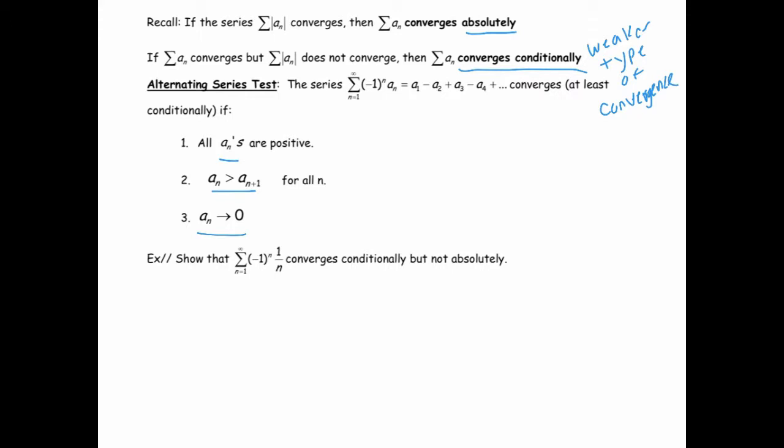So how would we apply this test? Well, first of all, when you do analysis on problems like this, you want to check for absolute convergence first. So I'm going to do that here. I'm going to see if this converges absolutely.